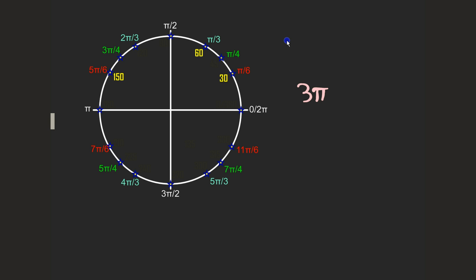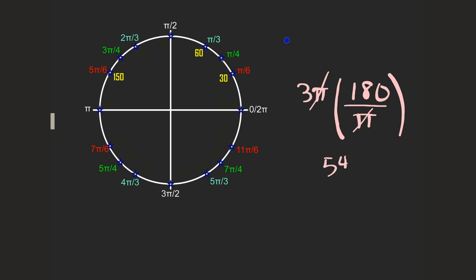Well, you'd multiply that by 180 degrees over pi, and then simplify. Your pi's cancel out, and 3 times 180 is 540 degrees. So that's how you go back and forth from radians to degrees and vice versa if you need to do that.